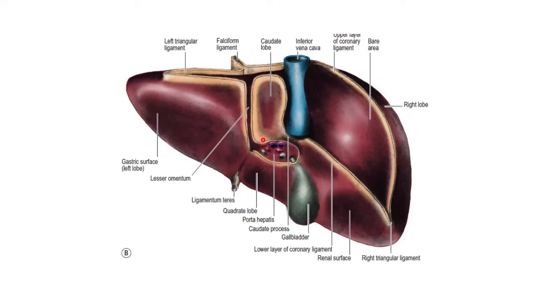The lesser omentum turns a bit to the right side to cover an area called the porta hepatis, where the arteries and the biliary ducts all come inside and leave the liver. Sort of like the hilum in the lung, where structures enter and leave the lung. In the liver, you have the porta hepatis.